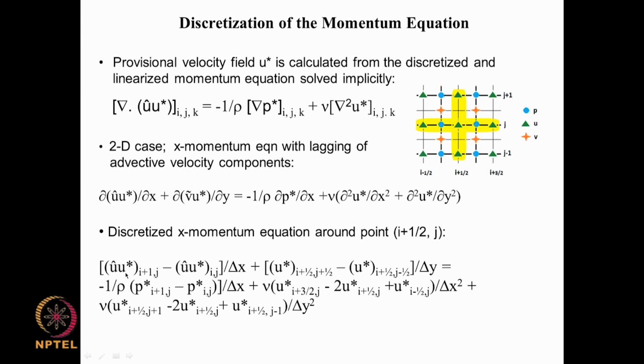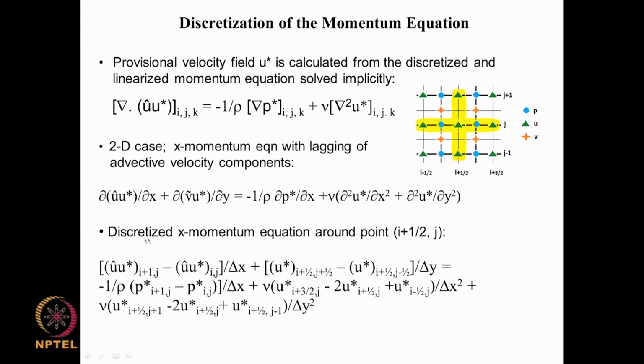So with these things we can write this as u tilde u star at i plus 1 j minus u tilde u star at i minus 1 j divided by delta x, and similarly at the edges of these boundaries.